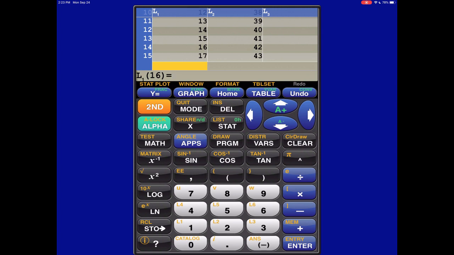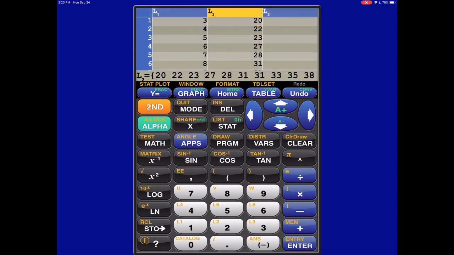Now, say that the other list was not correct. Okay, so I want to clear it. So I'm going to show you how to clear the data list. I go up to highlight the list.